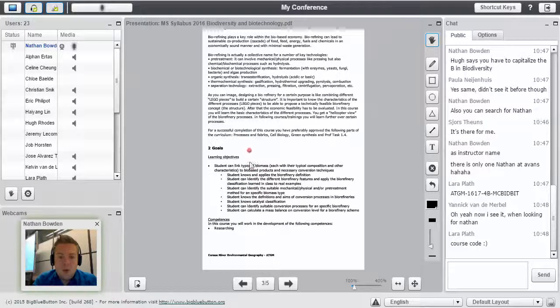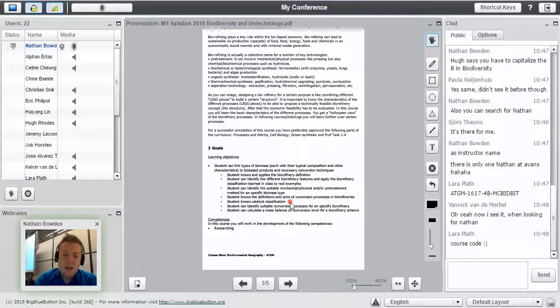Our goals: you'll be able to link biomasses to bio-based products and the necessary conversion techniques. You will apply the biorefining definition, identify biorefining features, identify suitable mechanical, physical, and/or pre-treatment methods, know the definition and aims of conversion processes, know about catalysis and how we classify catalysts.